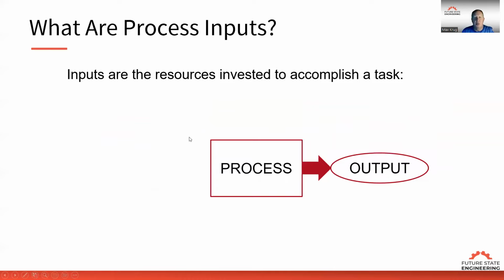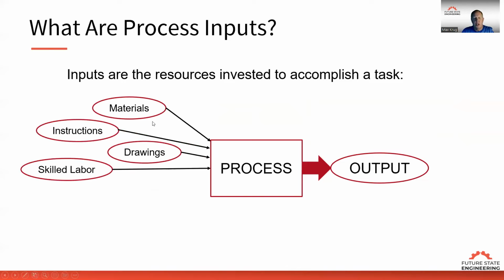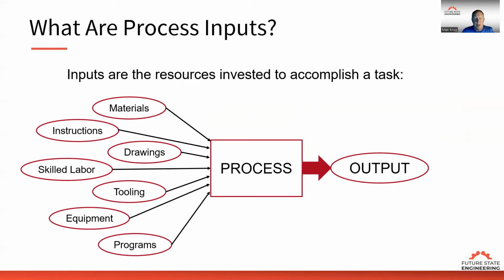The inputs are the resources invested to accomplish a task. In this case, the resources that they needed to complete a task were the materials, the instructions, the drawings, the skilled labor, the tooling, the equipment, and programs. If one of these things is missing, then we can't execute the process.